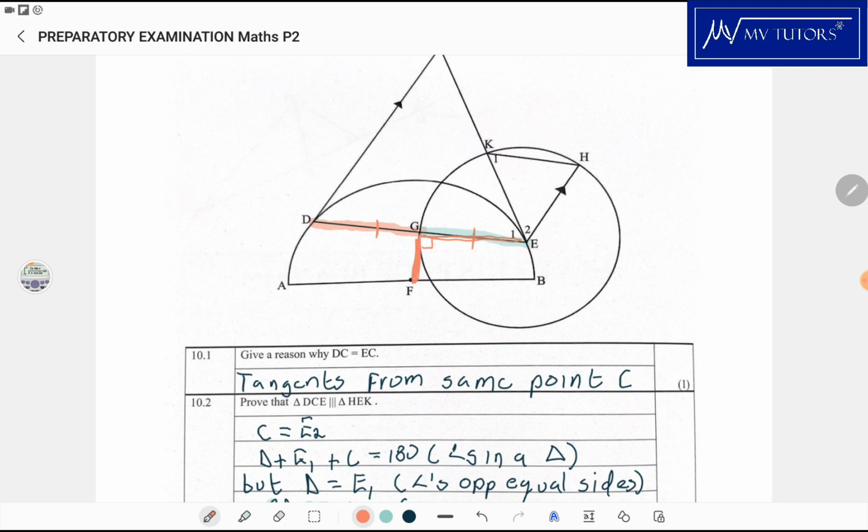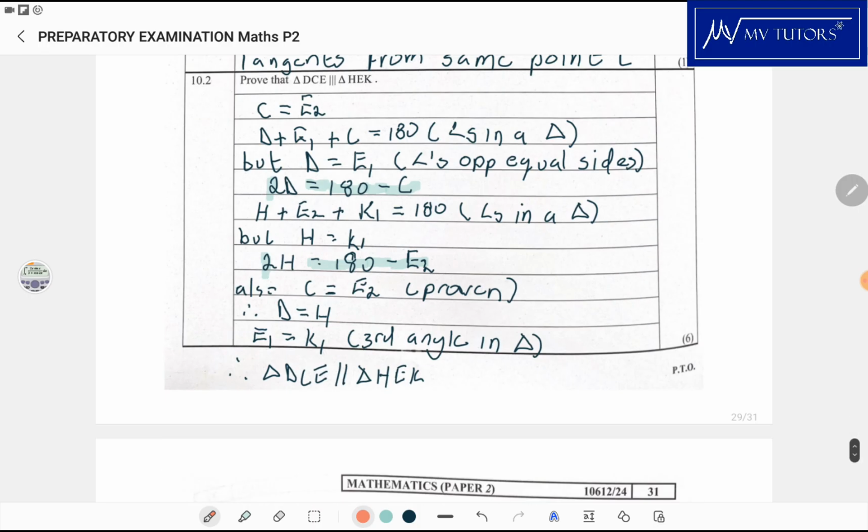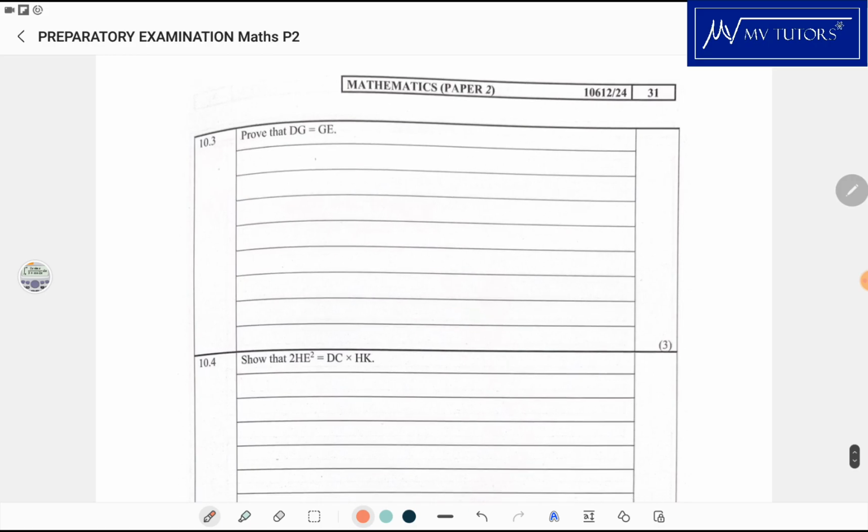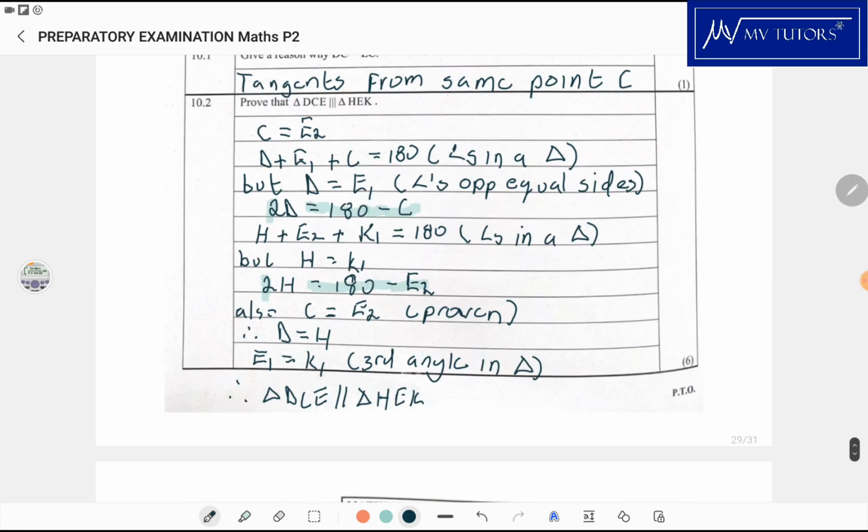The line from the center bisects the chord, meaning DG is equal to GE. Now we just have to write it down in a format that is understandable. Okay, now if you remember closely, we said that angle, what was it?